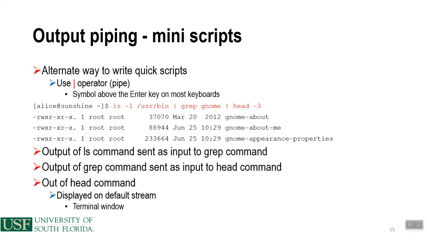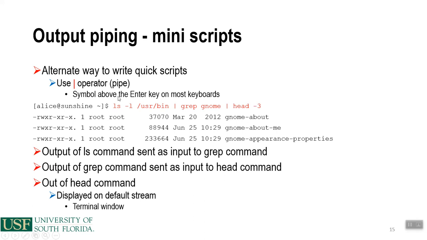So what we can see here is that if we type in ls space -l space /user/bin pipe grep gnome pipe head 3, the output of the ls command is sent as input to the grep command. So you can actually run multiple scripts back to back. The output of the grep command is sent as input to the head command.